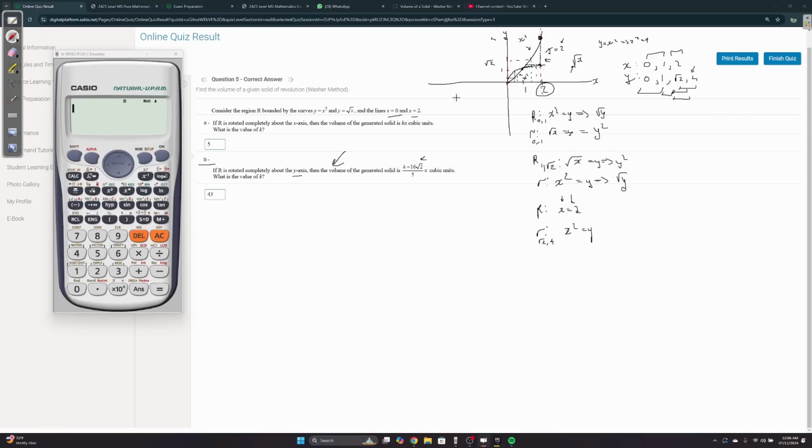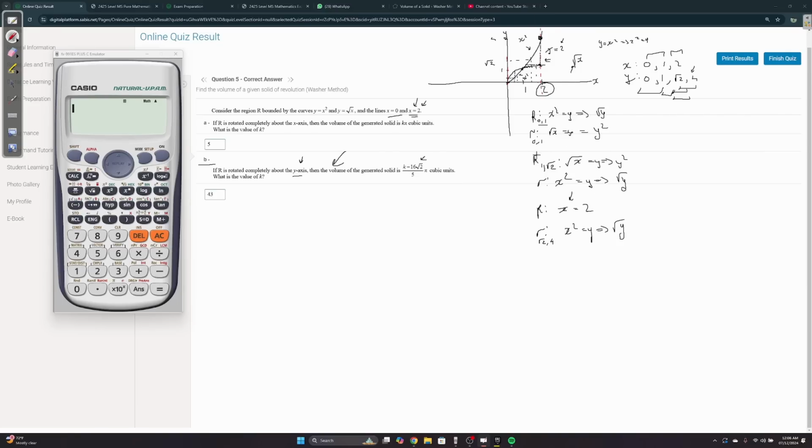I remember one time I said if you're revolving about the y-axis and you have an x equals line, then that shows you that this is actually another curve. Remember, if x is alone, that means it's already in terms of y, so there's nothing you have to change. So now I have everything in terms of y.